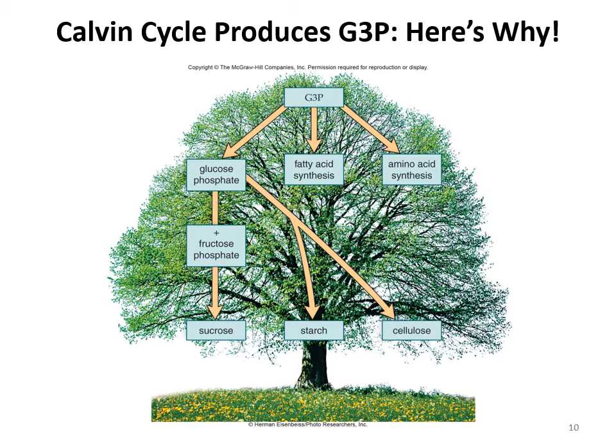Now, the reason why the Calvin cycle is important in terms of the real world is that product that it was making when it broke down the 6-carbon molecule into the 2 halves and then further processed them into what they called G3P.